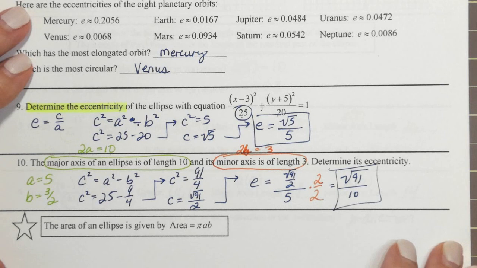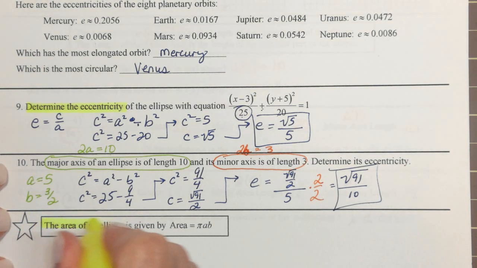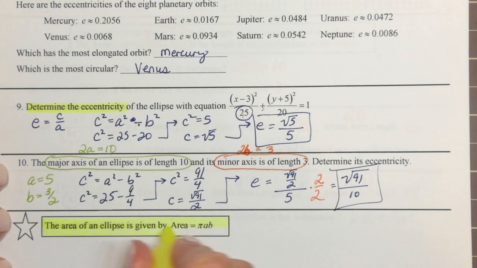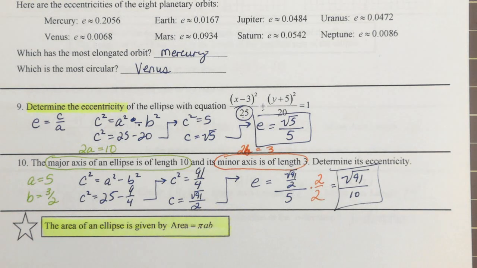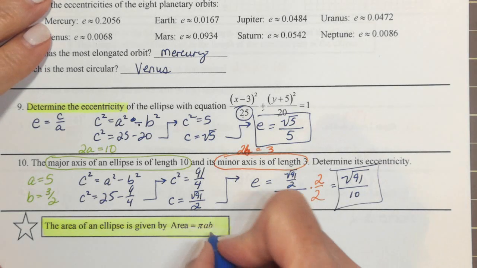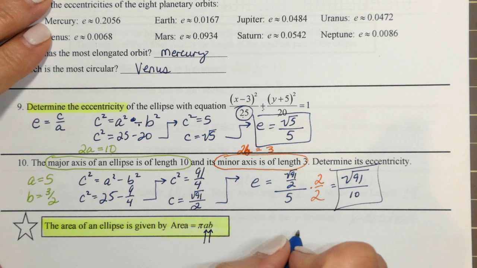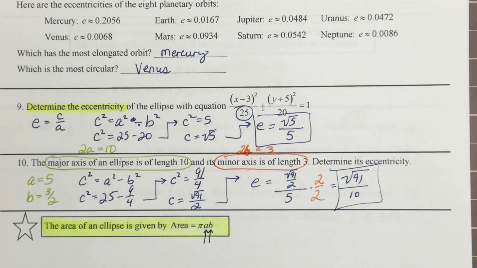One more thing. The area of an ellipse. We know the area of a circle is pi r squared. The area of an ellipse is pi a b. That really does make sense if you think about it, because for a circle, these are both the same, so it would be pi r squared.